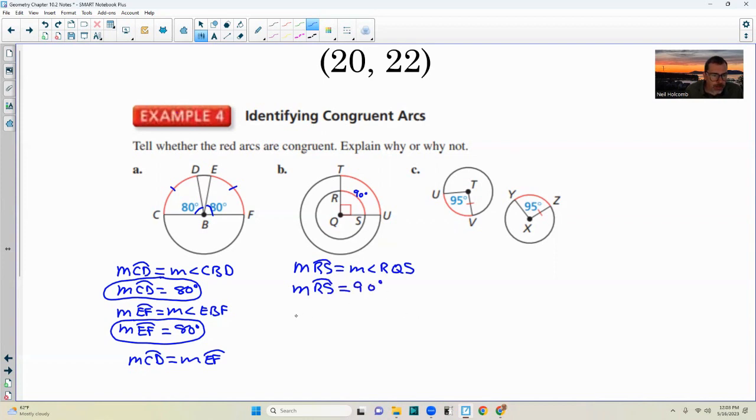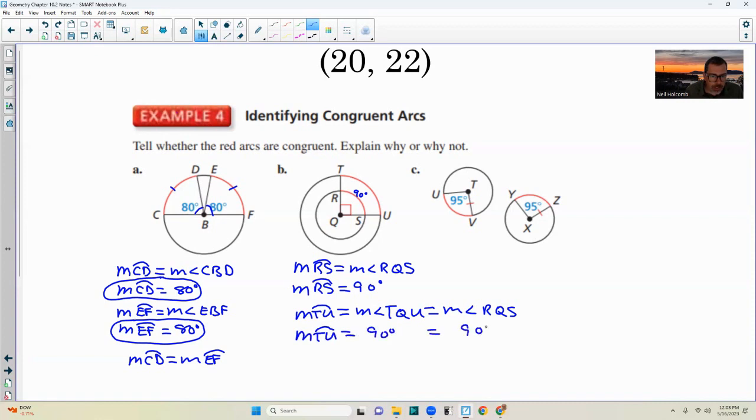I will also be able to say the measure of arc TU equals the measure of angle TQU, which is equal to the measure of angle RQS, right? TQU and RQS are the same angle. They're all 90 degrees. So the measure of arc TU equals 90 degrees.